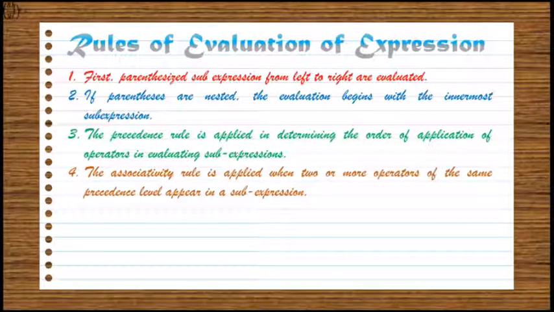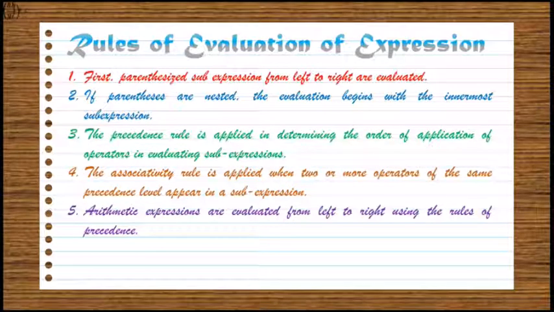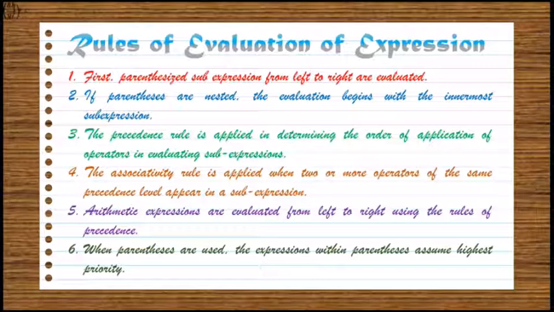The fourth one, the associativity rule is applied when two or more operators of the same precedence level appear in a sub-expression. Fifth, arithmetic expressions are evaluated from left to right using the rules of precedence. And the sixth one is, when parentheses are used, the expressions within the parentheses assume highest priority.